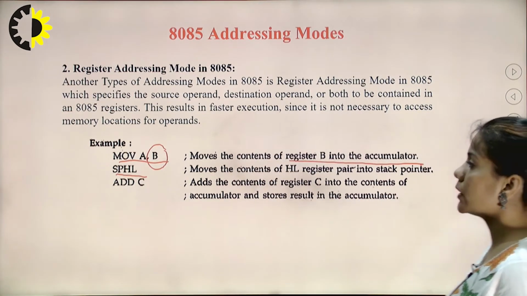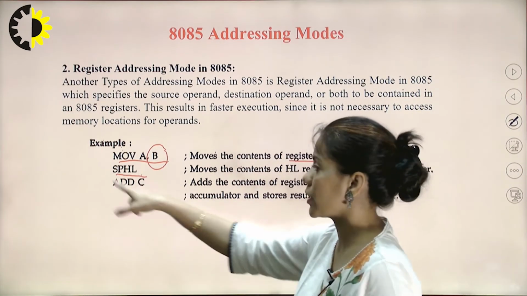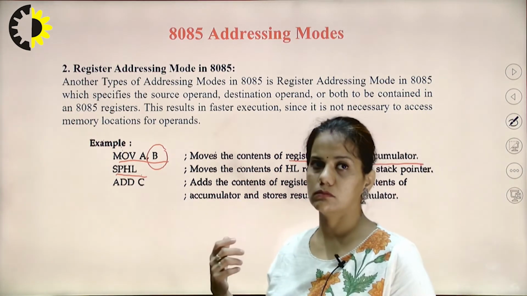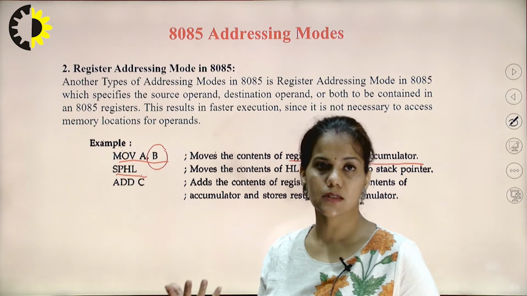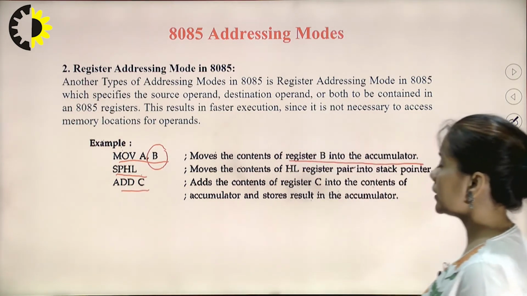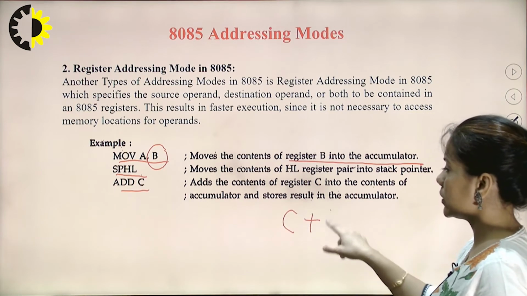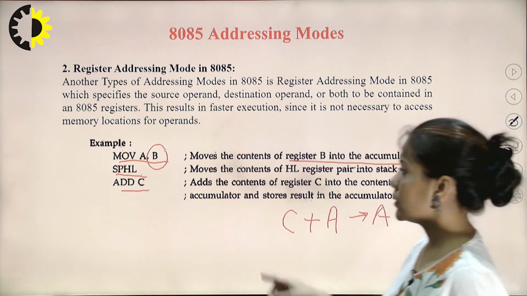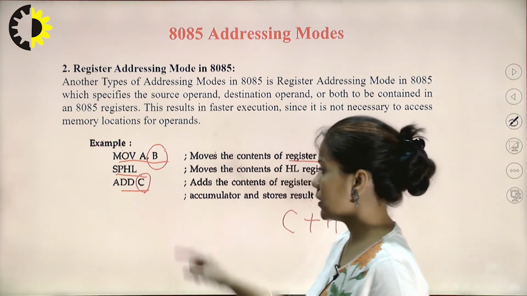It will move the contents of the HL register pair to the stack pointer. Here again the operands are registers. ADD C means it will add the contents of the C register with the accumulator and the result will go into the accumulator. Here again the operand is C.